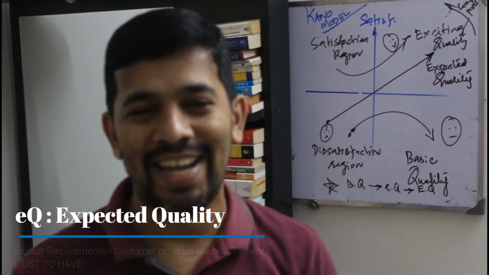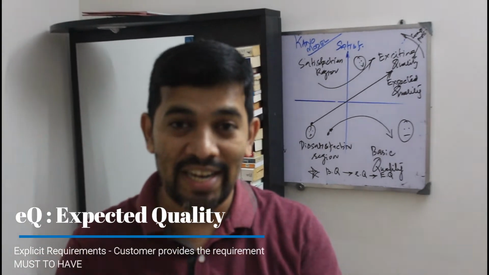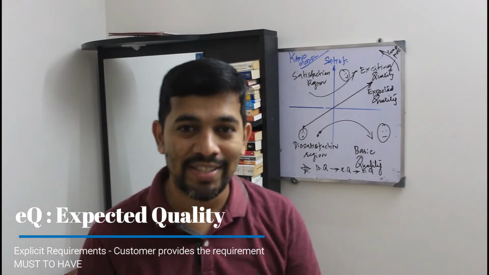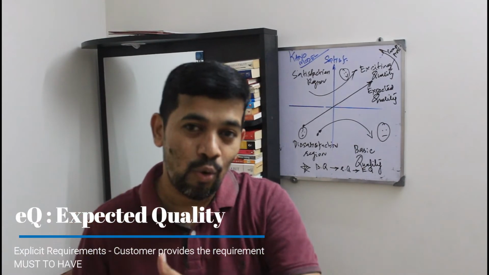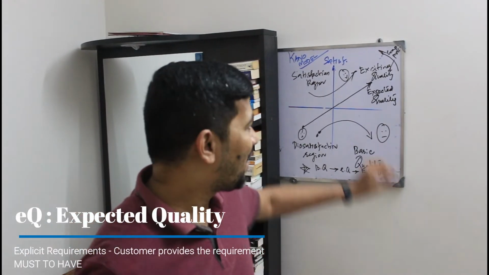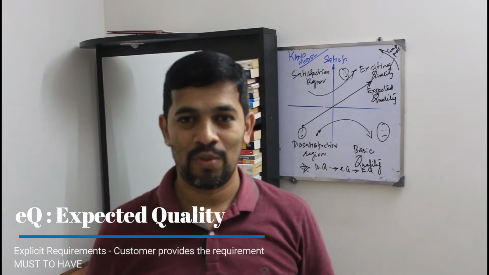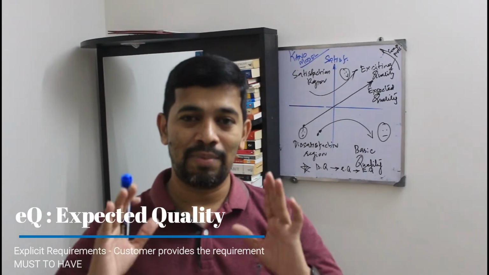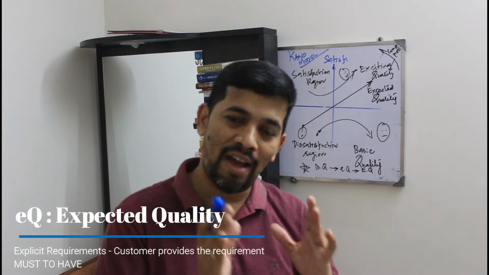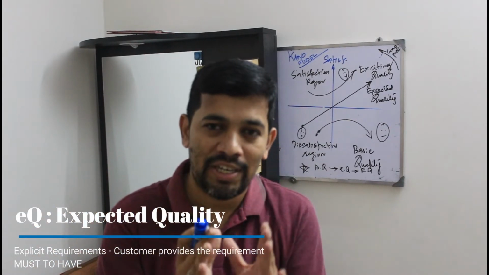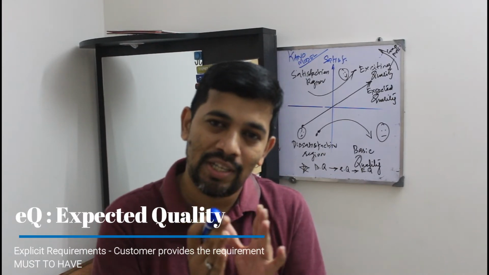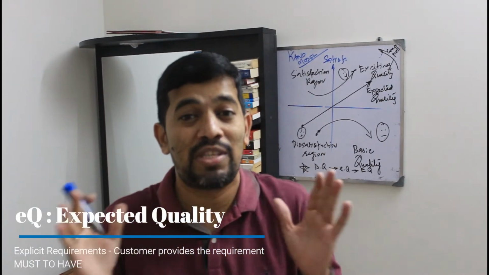Expected quality means the customer will narrate it, the customer specifies it, mentions it, specifies their own requirement, right? That is called expected quality. For example, the customer says I need to have this product on so and so date, within a particular stipulated time, with a particular stipulated specification.